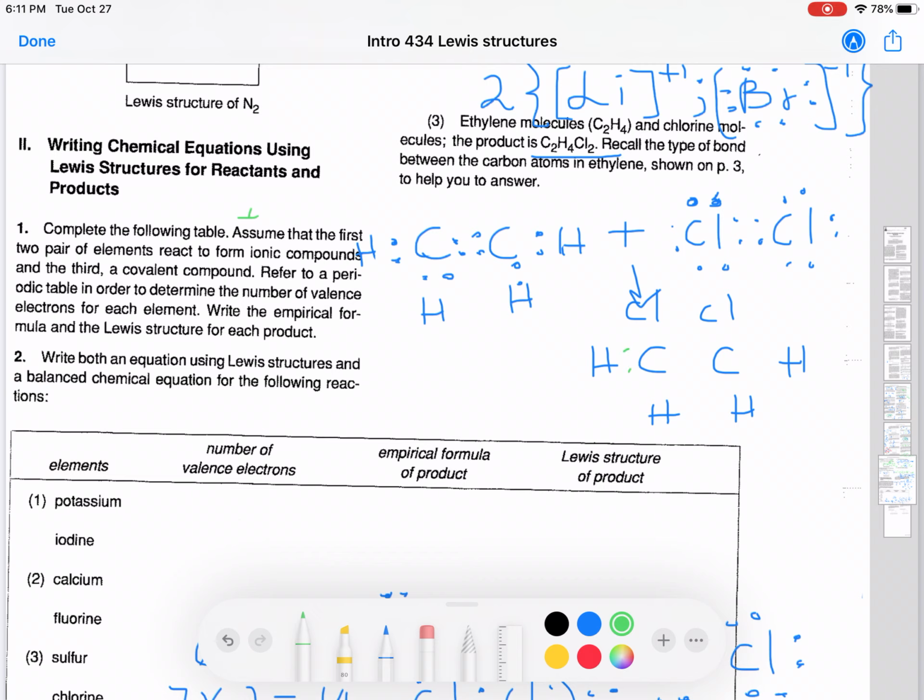Now this is going to be your product. Chlorine has, both chlorines have 8 electrons, carbon has 8, hydrogen has a duet. Okay.